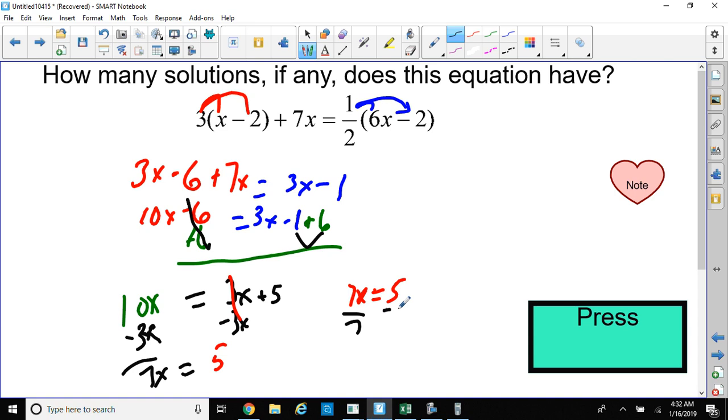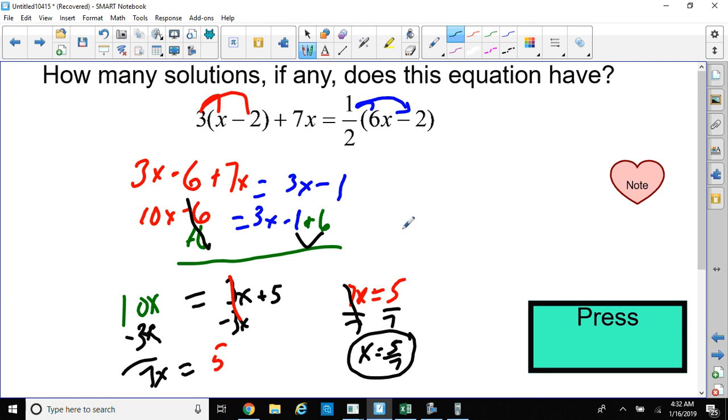Divide by 7, divide by 7. X equals 5 over 7. So it has one solution, 5 over 7. So our answer would be one solution.